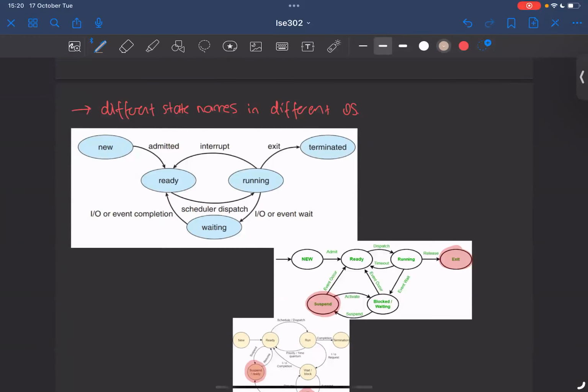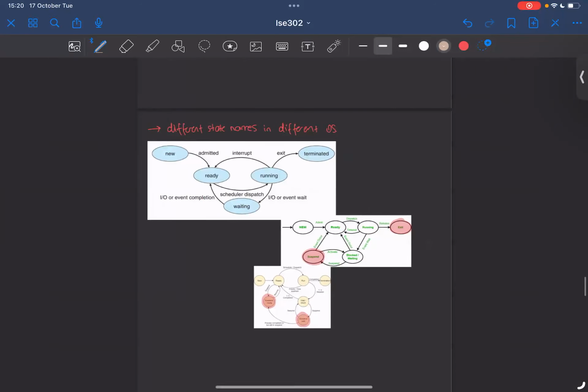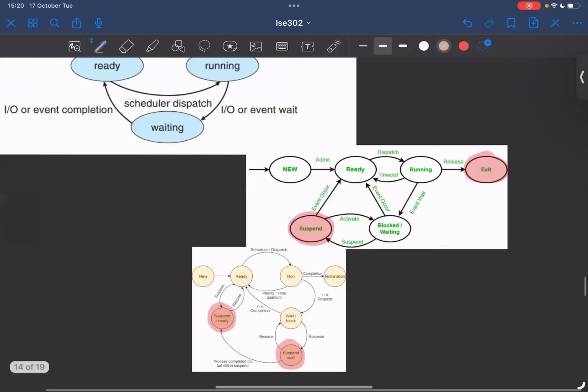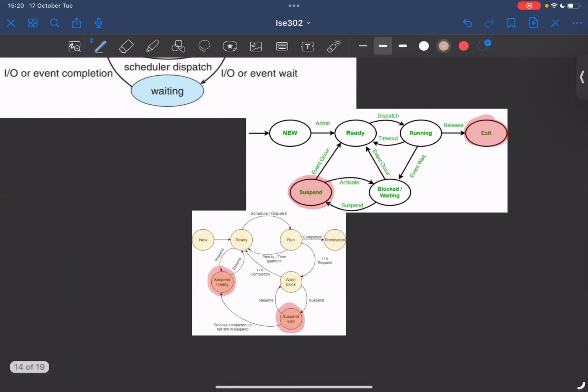Before concluding this part of the lecture, I want to emphasize two things. Okay, so it's important to note that the state names might differ across different computer systems, but the states they represent are found on all systems. Also, you may see additional state names like suspend ready, suspend wait, something like that, as you can see in these figures.